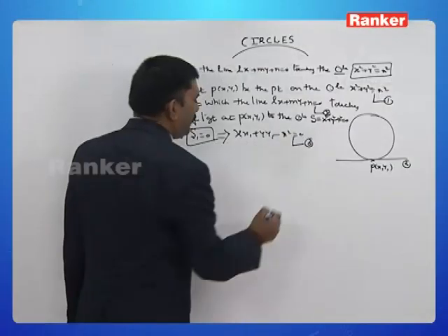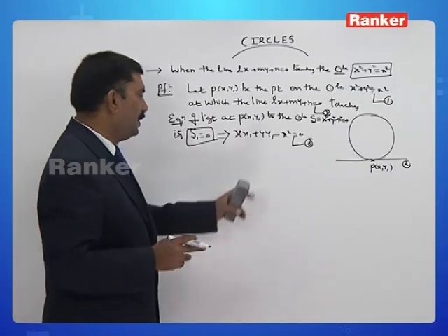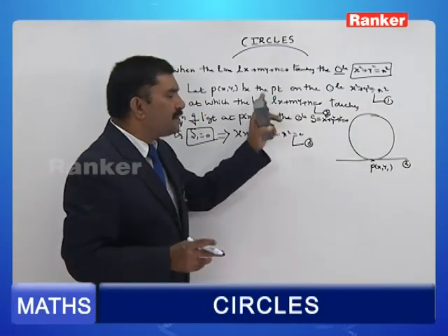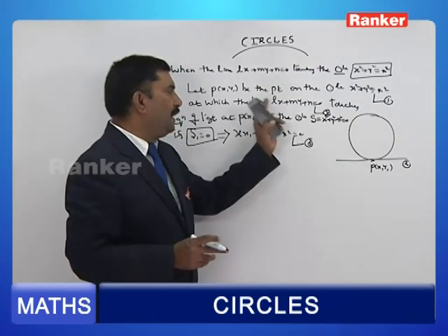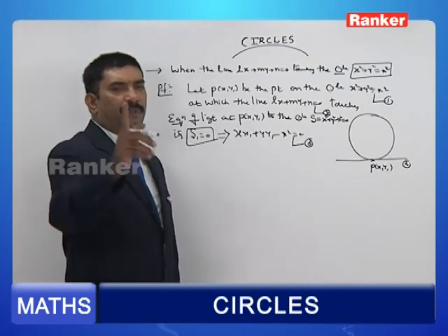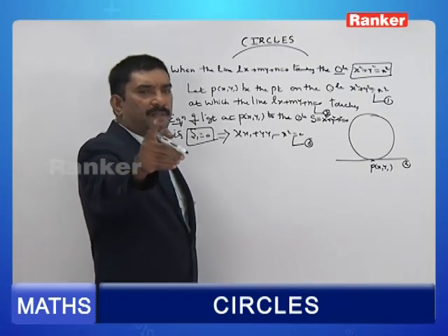You call it as 3. By definition, this is a tangent at this point. He has given this line is touching a circle. Therefore, when the line is touching a circle, this is also a tangent. It means that equation 2 and 3 represent the same line.